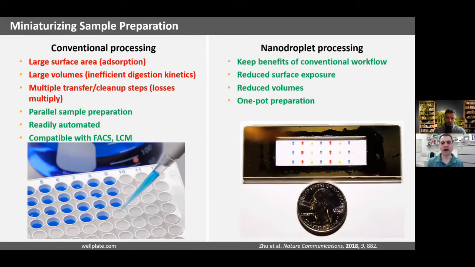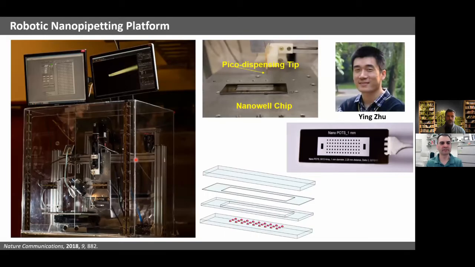And so our approach has been to really preserve the well plate and pipetting format, keeping those benefits, but miniaturizing those to a nano well platform to reduce our surface exposure and our volumes, and we've also adopted a one-pot sample preparation workflow to make these possible.